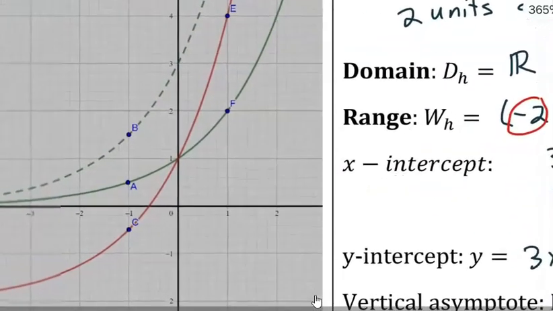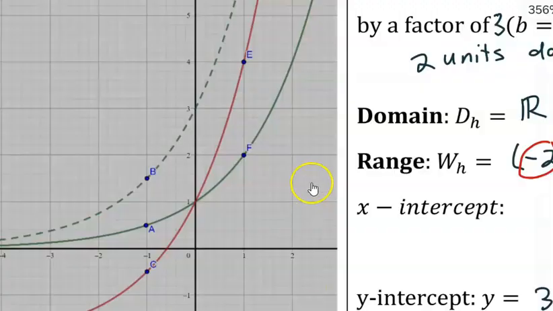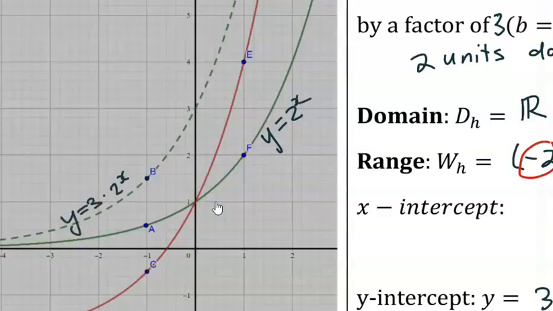If I check it here, then I see first of all my green graph, because I have here y equal to 2 to the x. And this one is now 3 times 2 to the x, so it means that I've stretched the green graph vertically with a factor of 3. So 1 times 3 gives me 3, so I've stretched it vertically.